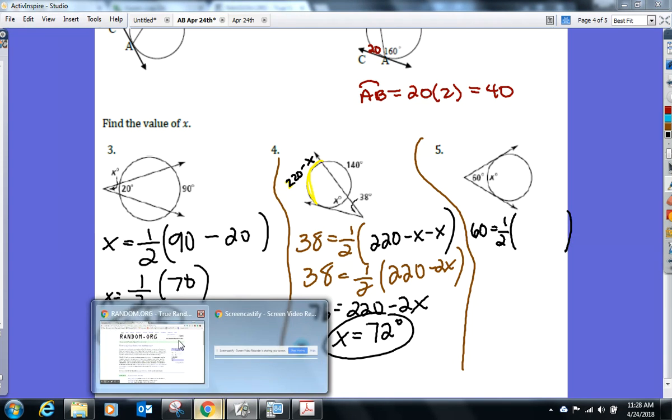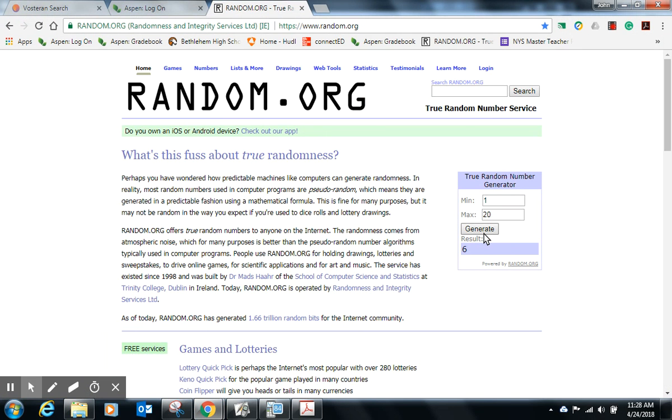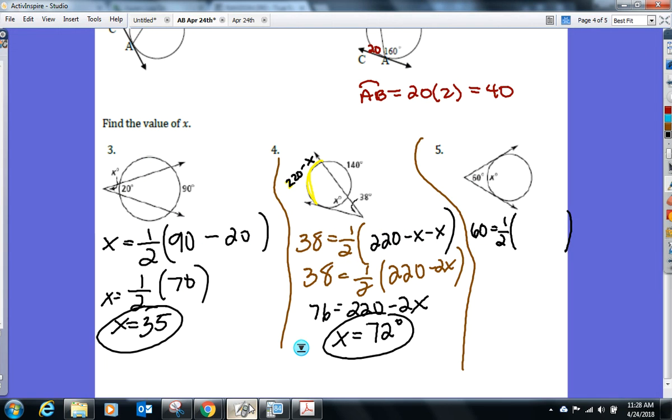How can you express what the major arc is going to be? Yep, it's going to be 360 minus x. So 360 minus x, that's the major one, minus the minor one, which was given as x. I'll let you guys go with that one.